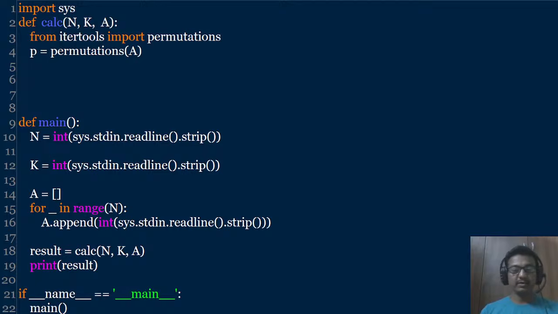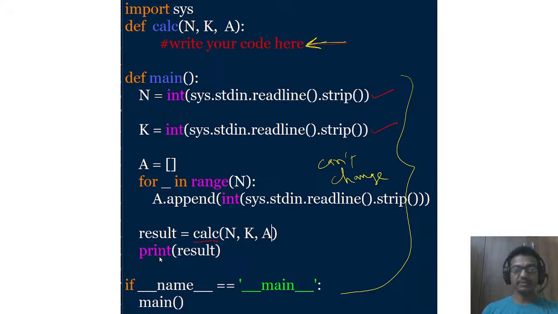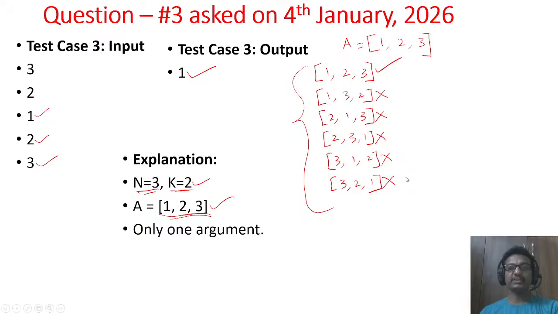For example, as we have seen here, if your A is 1, 2, 3, then permutations means it gives all these permutations, all the 6 permutations it returns.